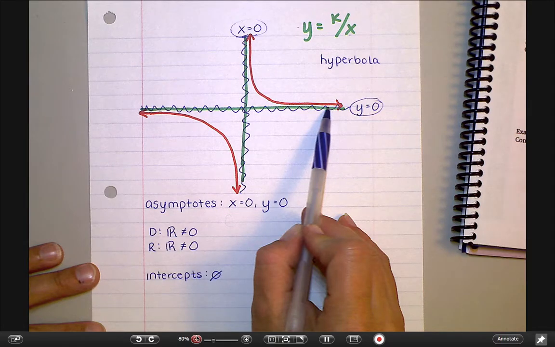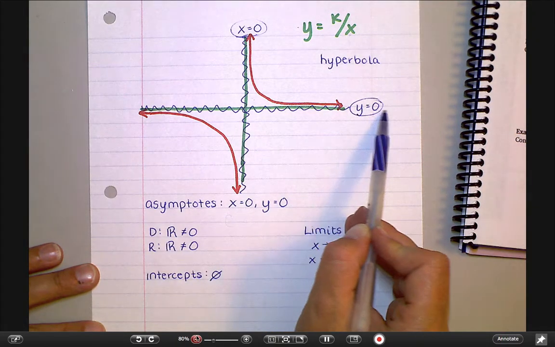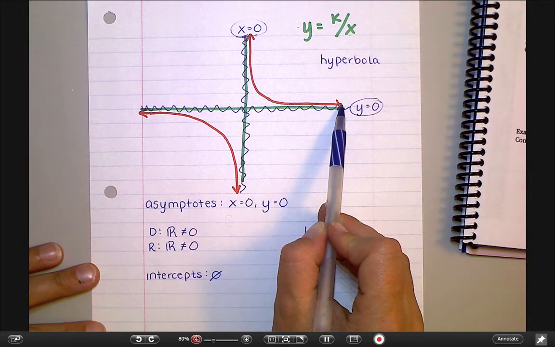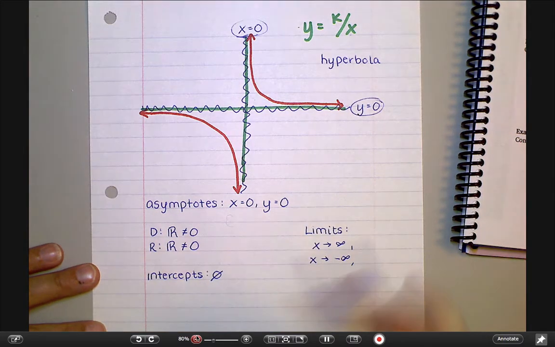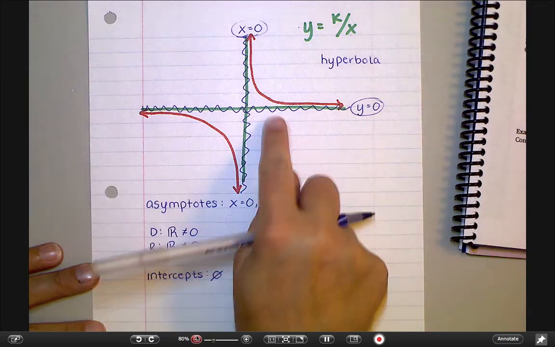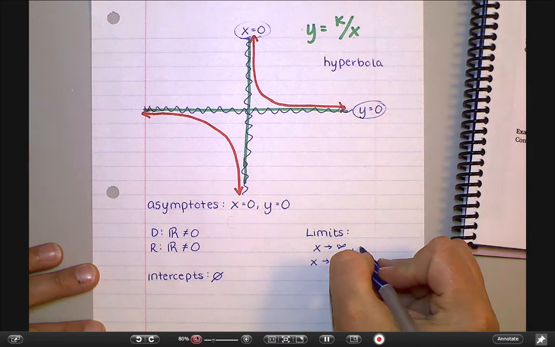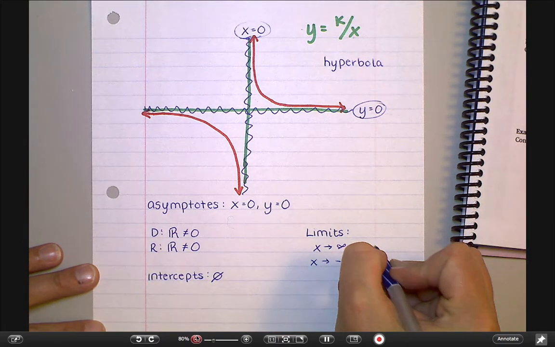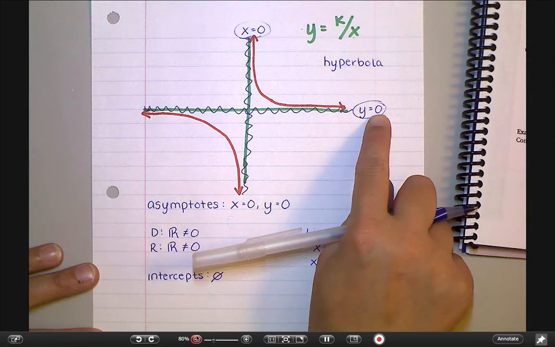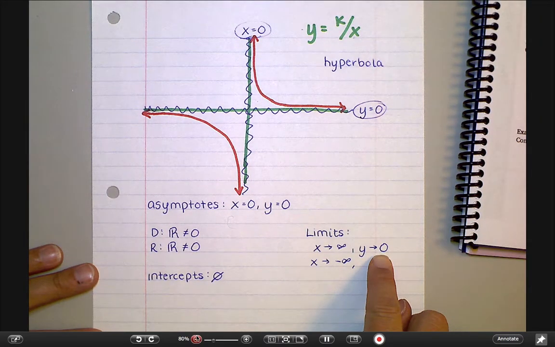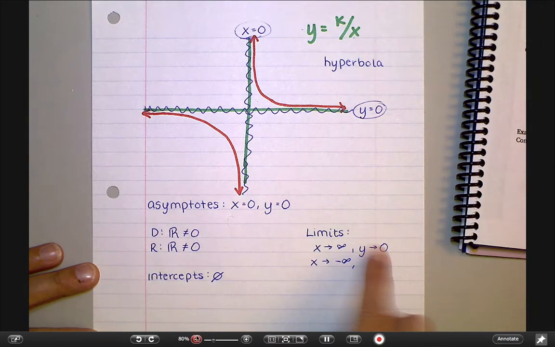As you walk out towards infinity in this direction, what is happening to the tail end of this graph? Where is it going? Well, it's getting closer and closer to that middle line, which is 0. So we're going to say y approaches 0. It doesn't actually reach it because it can't reach it. It's got an asymptote there, but it gets closer and closer to 0.